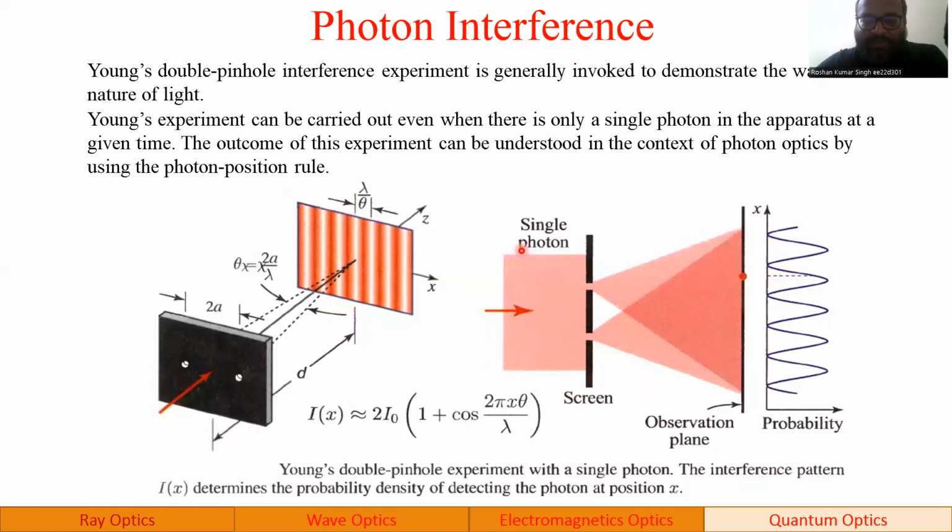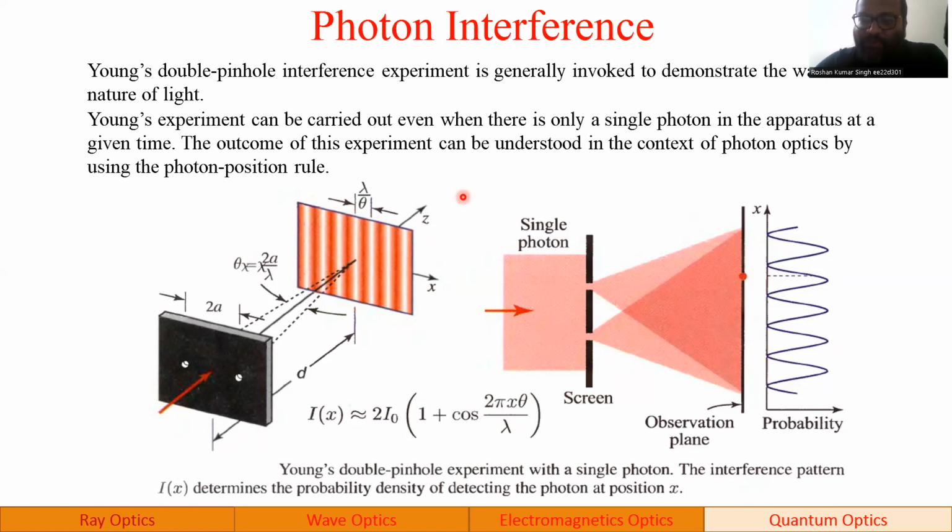Another experiment with the photon is the Young double pinhole experiment. It showed that the photon also behaves as light, with the interference property. One of the major achievements is that it can show interference with a single photon.